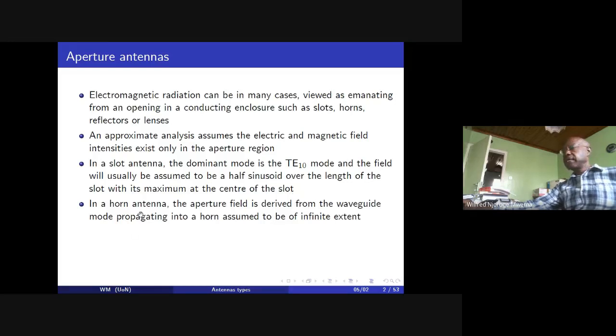In a horn antenna, this can be assumed to be a rectangular waveguide or a circular waveguide which has been allowed to flare out into a funnel-like structure.